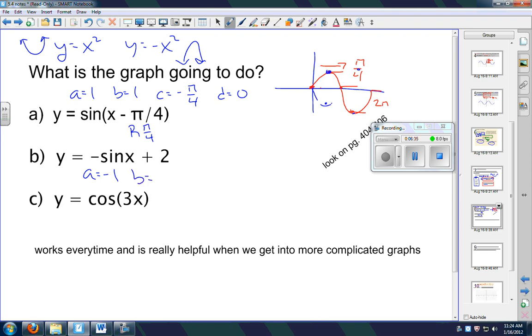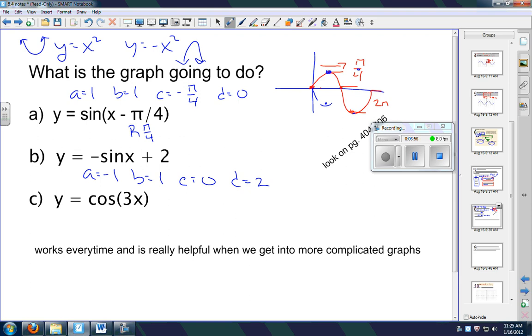B is a 1, so we're not changing the period at all. That's always nice. C is a 0, no left-right shift. And D is a 2. So after we flip it upside down, we'd scoot everything up 2. Literally every point is going to move up 2 units in the y.